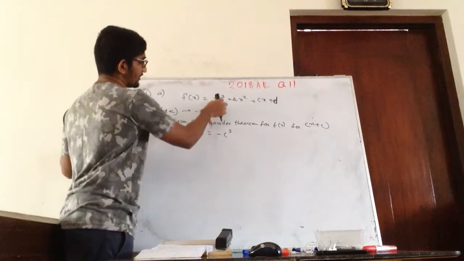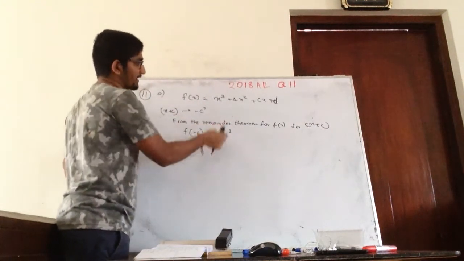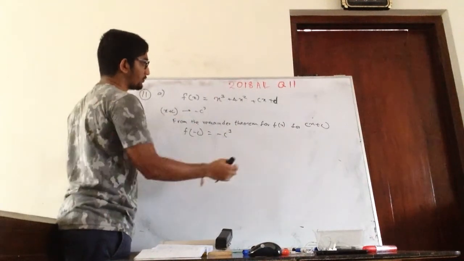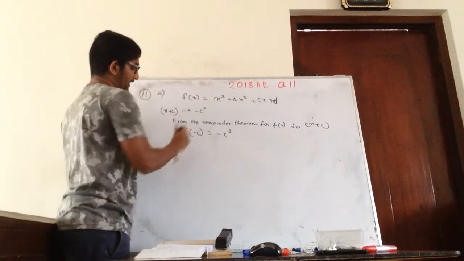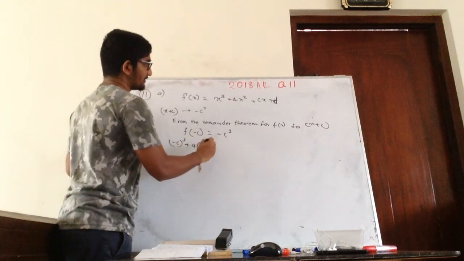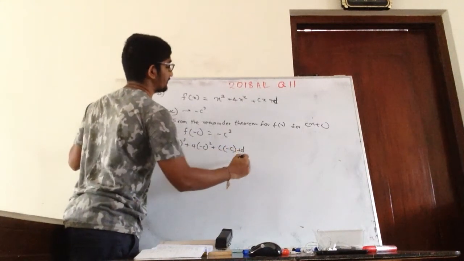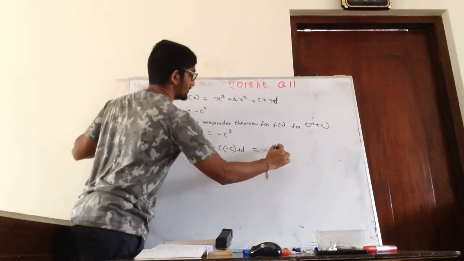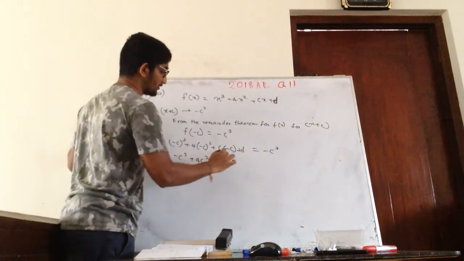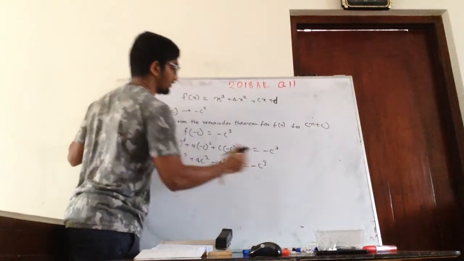So here we just need to substitute minus c here, then we get an equation. So let's see, if I put minus c cube here plus 4 times minus c square plus c times minus c plus d is equal to minus c cube, that means I get minus c cube here, 4c squared minus c squared plus d equals minus c cube.